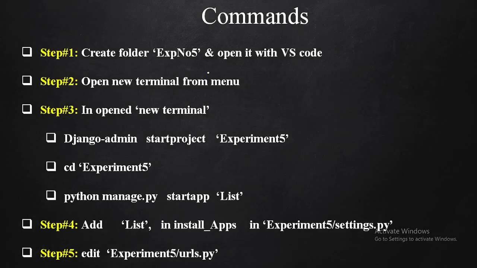Now let's see the commands or steps for developing this experiment. First step is to create a folder called exp number 5 and open it with VS Code. So let's complete step number 1.